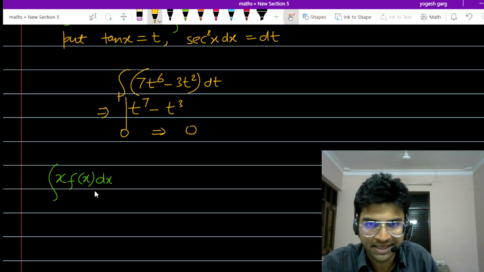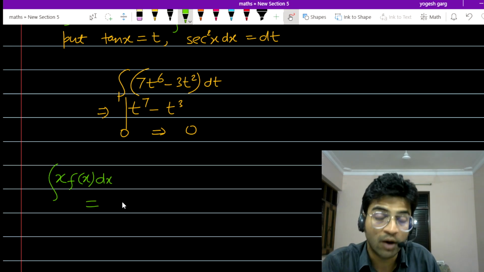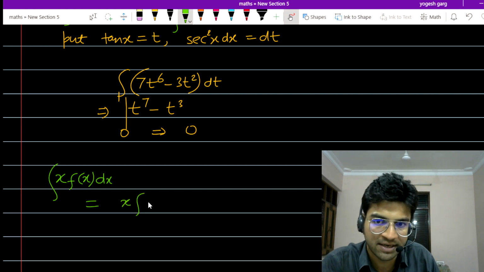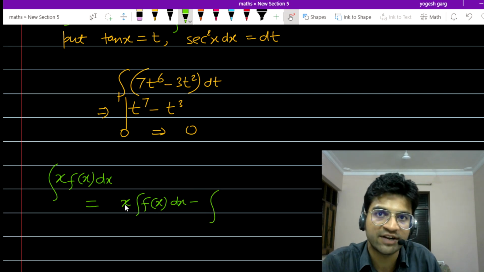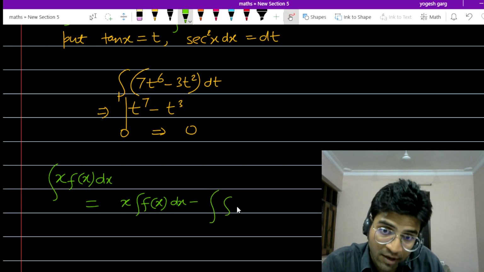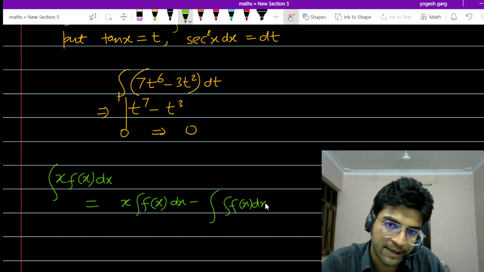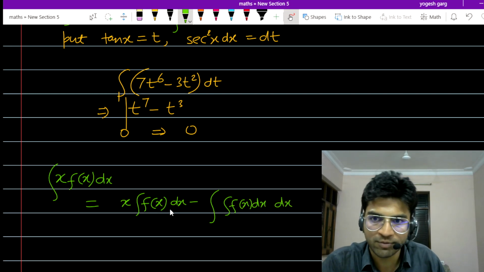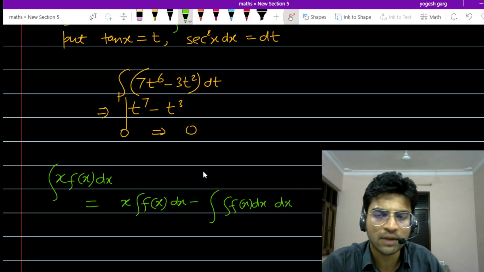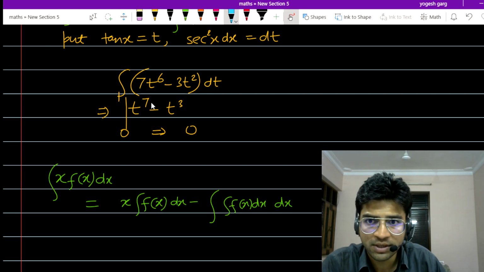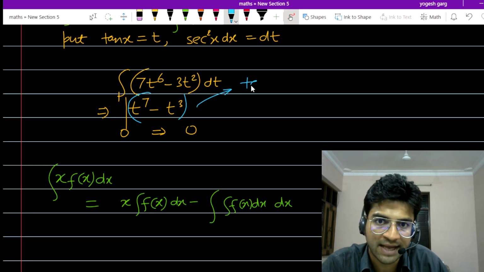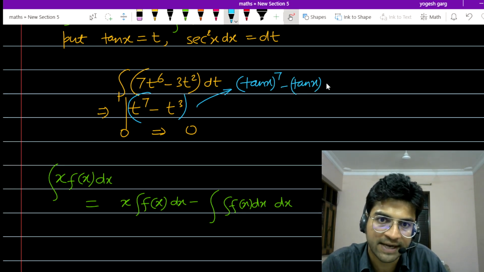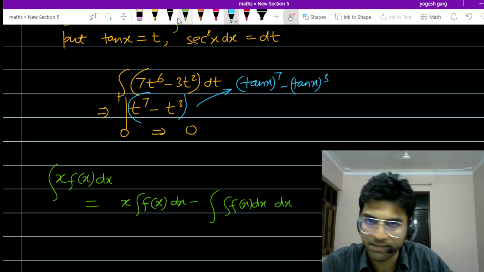Now the integral of x f(x) dx will be equal to x times the integral of f(x) dx, minus the integral of the derivative of x, that is 1, times the integral of f(x) dx, into dx. Now the integral of f(x) dx is t^7 minus t^3, which in terms of x is (tan x)^7 minus (tan x)^3.